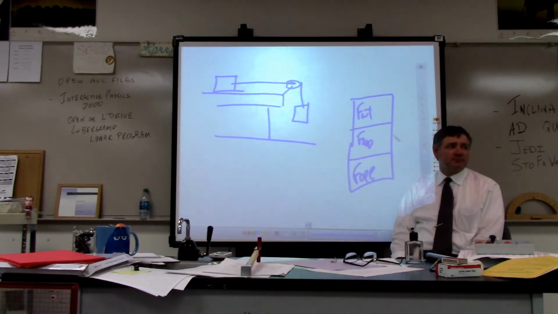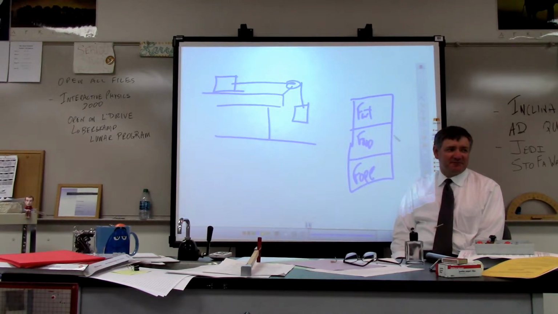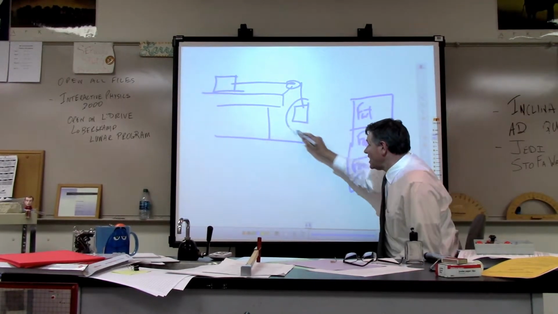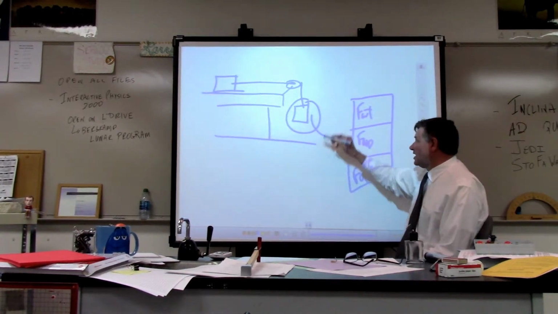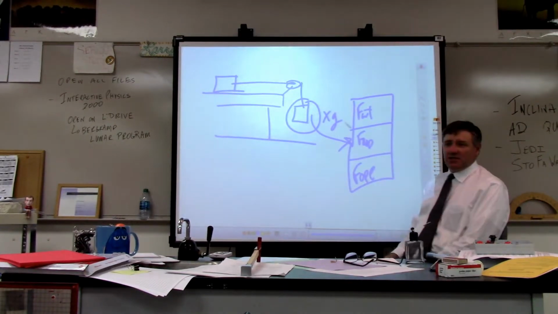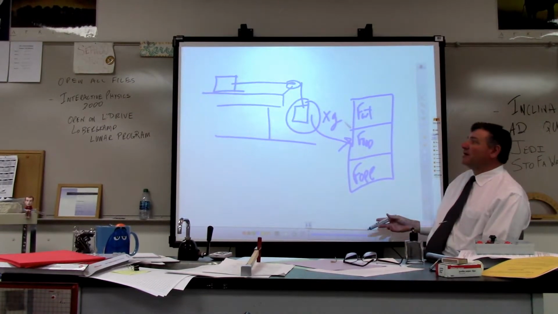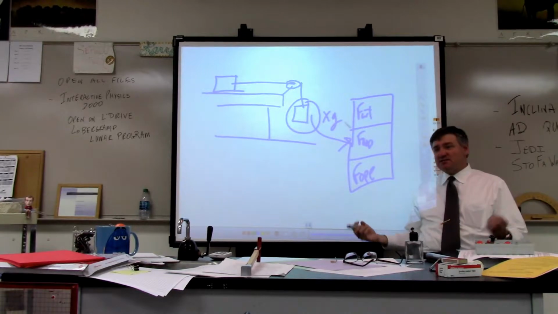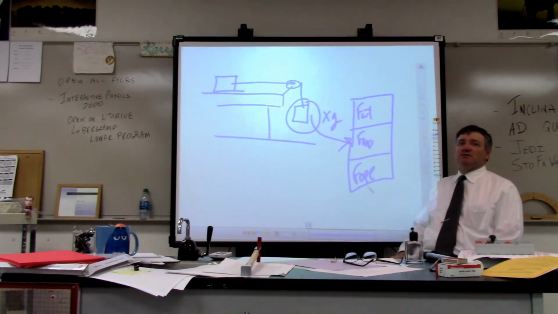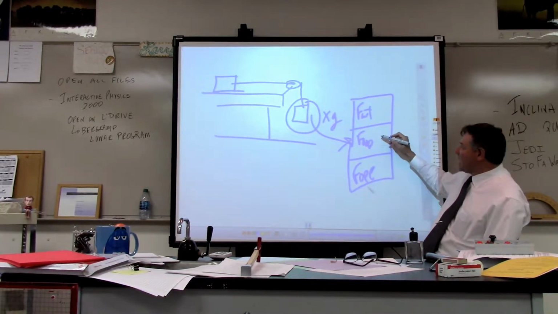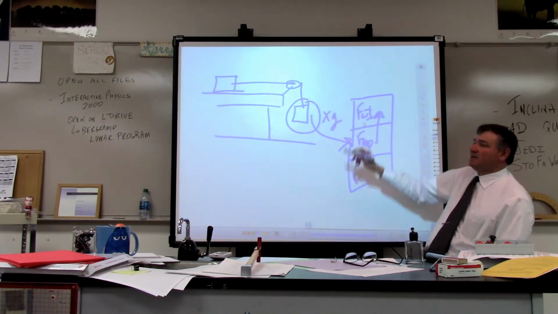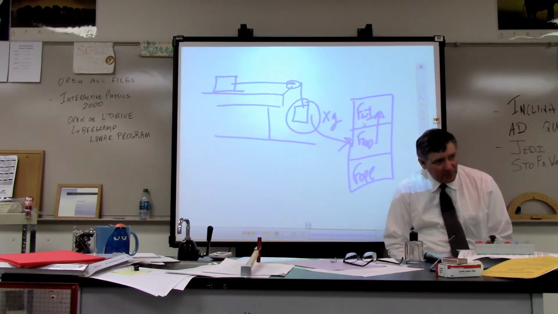The mass suspended multiplied by gravity's acceleration. So take that times g. Now, if I tell you it's frictionless, what's your opposing force? Zero. So that means your applied force is the same as your net force.